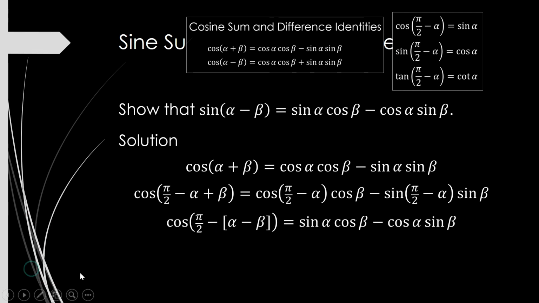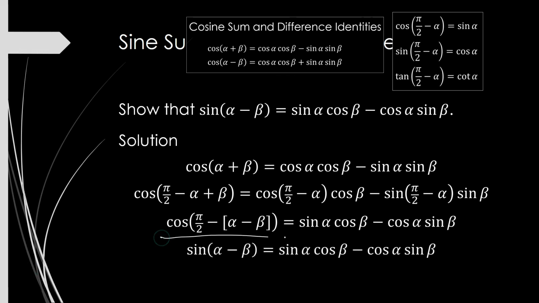I did that because I want to show it in such a way that it will conform to our cofunction identities. Compare this with this identity. So this is just equal to sine of this angle, alpha minus beta. And so we are done with the first identity for sine. This is your difference identity for sine.